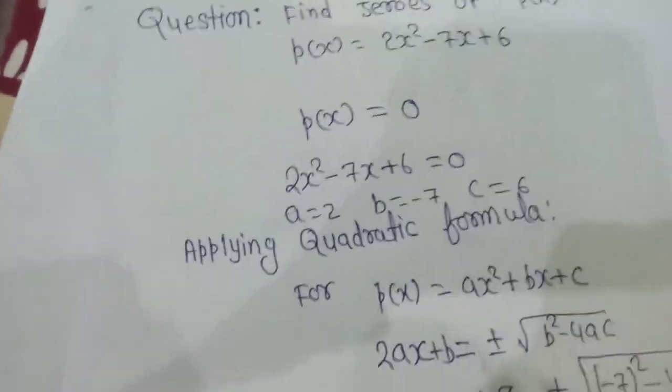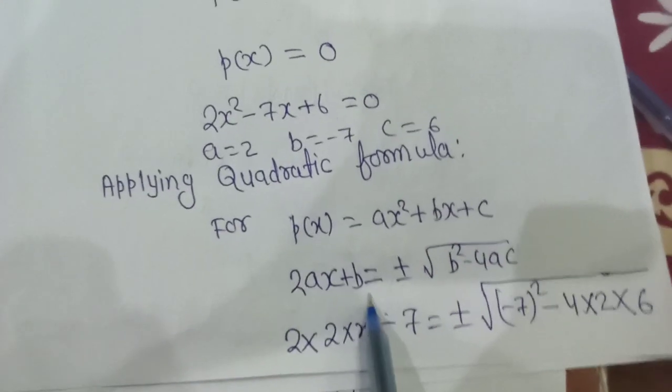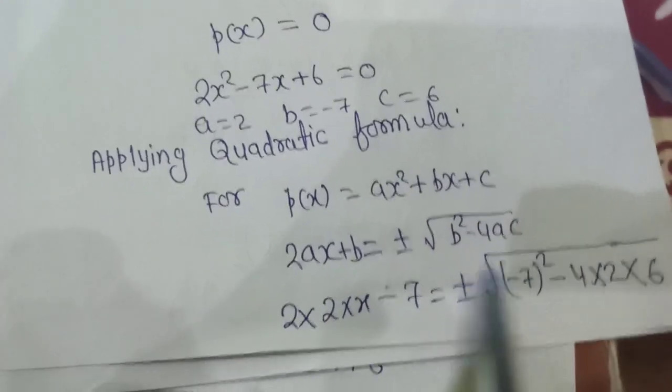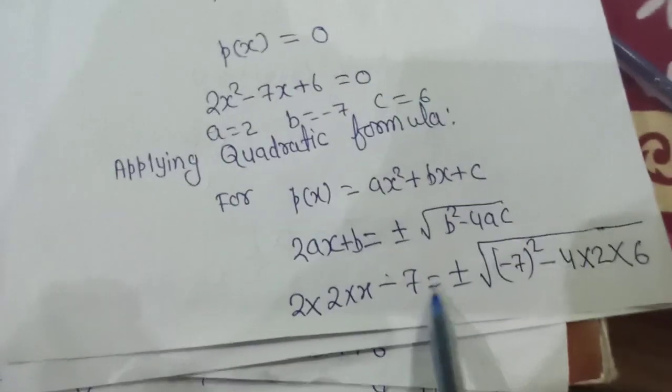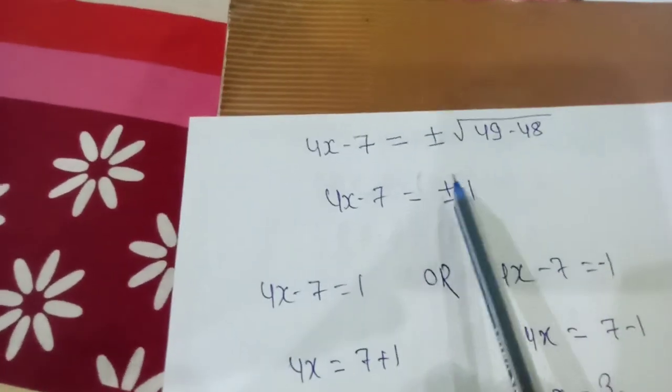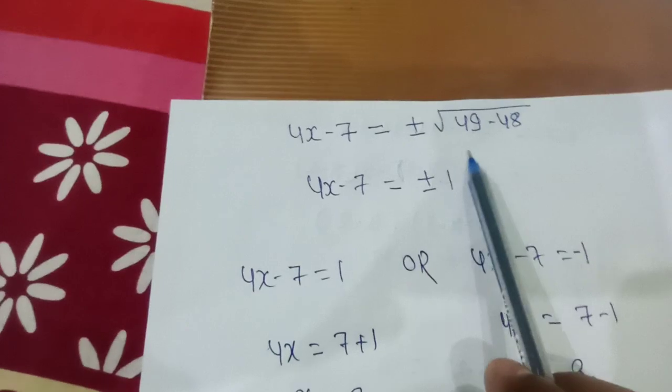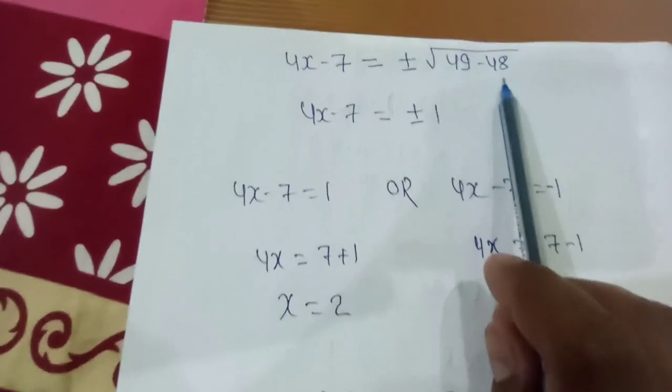Applying the quadratic formula, we know that 2ax plus b equals plus minus under root b square minus 4ac. If you simply put the values, you will get 4x minus 7 equals plus minus under root 49 minus 48.